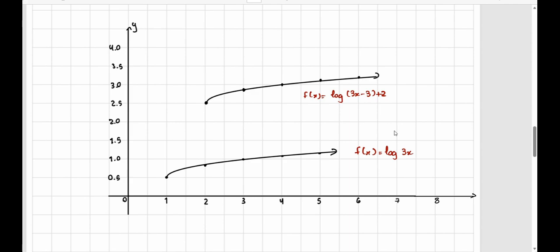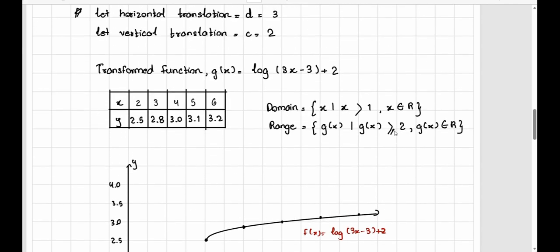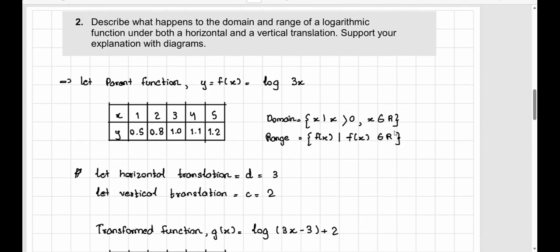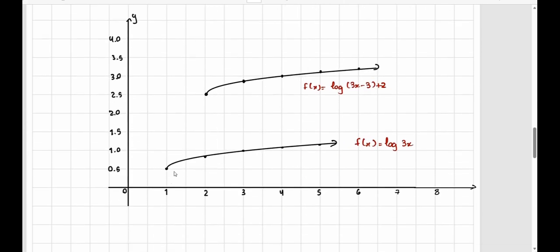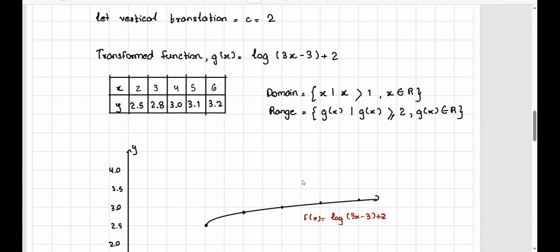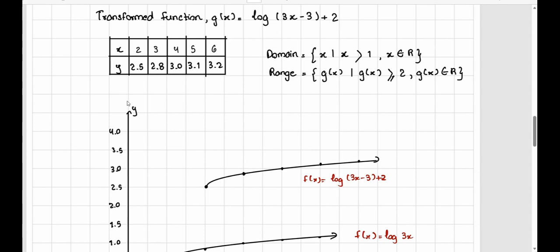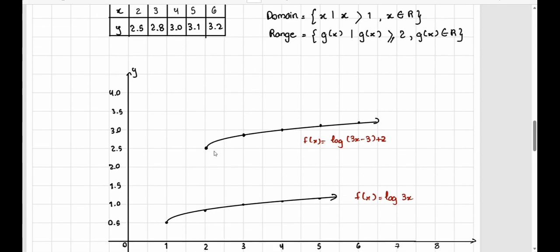So I've already drawn the function on the graph. For the parent function, this is log x, so this is the graph for f(x) equal to log x. And for my transform function, since I've already drawn the table for the values, this is my transform function.